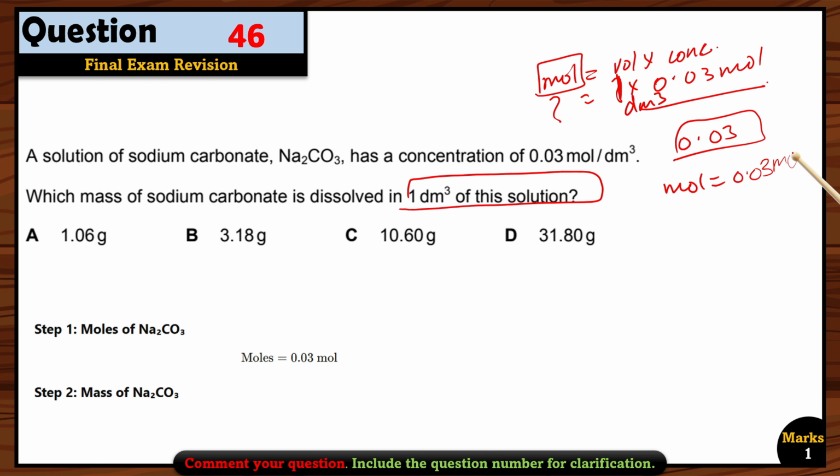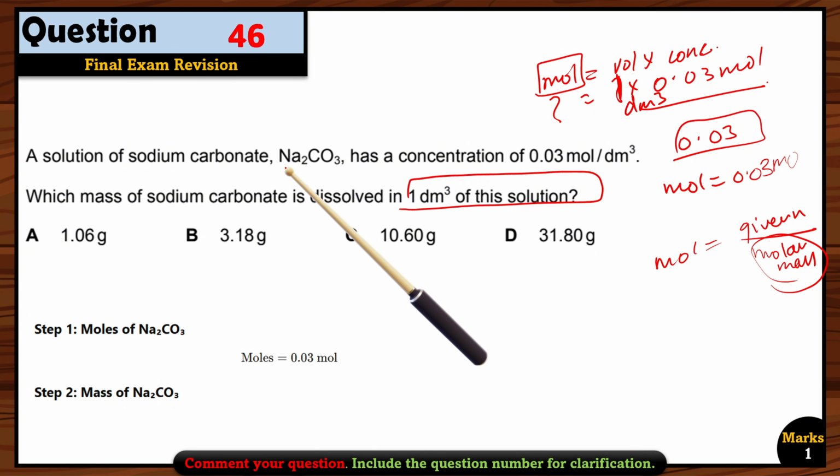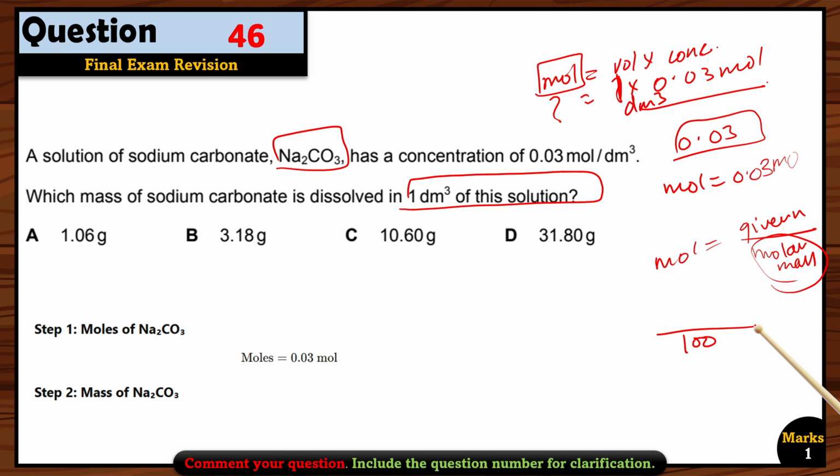Now you have to find the mass. They have asked you the mass. So now you can use the second formula of the moles, that is mole is equal to given mass divided by the molar mass, right? Molar mass you can easily find from the periodic table. What is the molar mass of sodium carbonate? Of course, 100. And what is the given mass? You don't know. You have to find it.